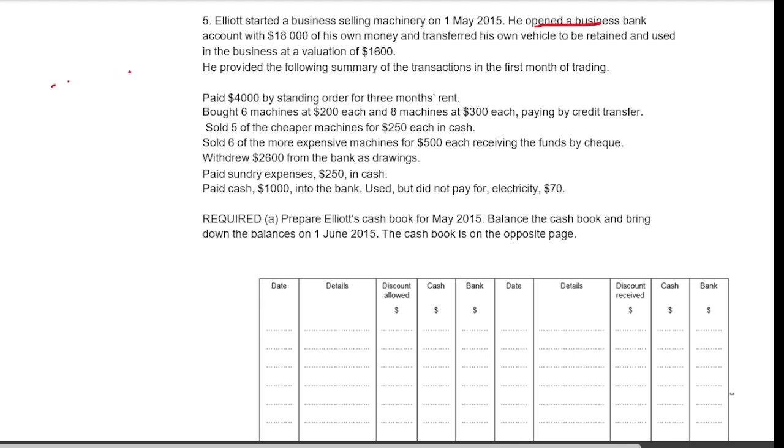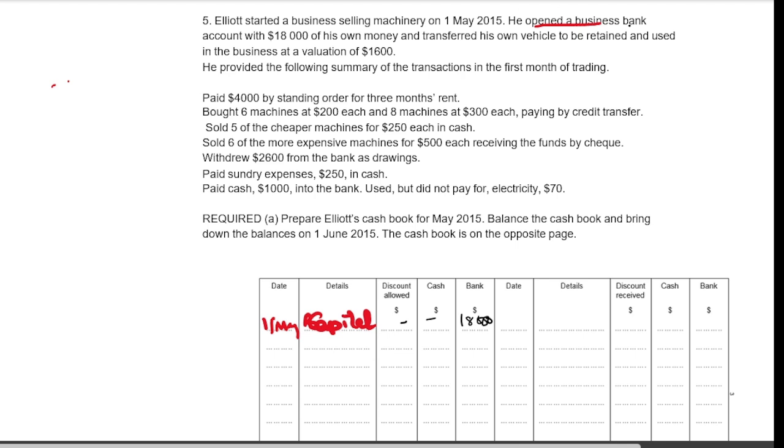They invested with bank. So what we need to write down on 1st May, instead of balance brought down, we have to mention capital. Okay, so capital is 18,000 given, so in the bank column I'm writing 18,000.